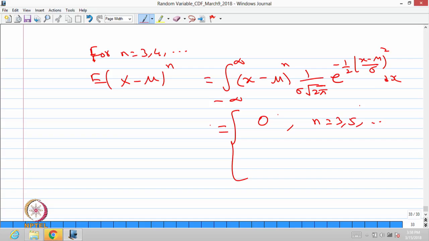For even positive integer n, one can simplify this integration and you get the answer, that is (n minus 1) times (n minus 3) and so on, till the multiplication of 3 into 1, times sigma power n, when n is 2, 4, 6 and so on.